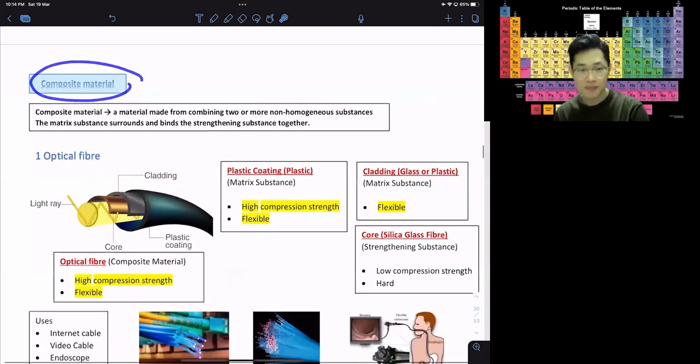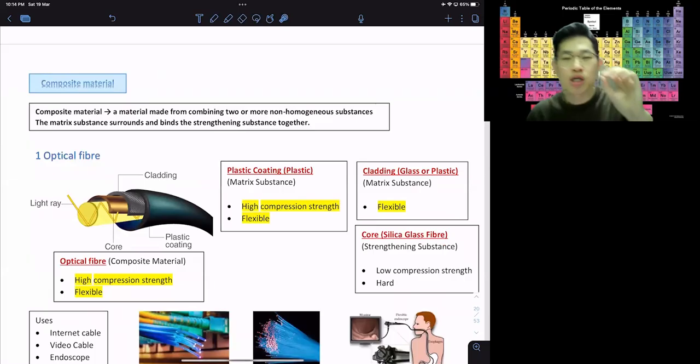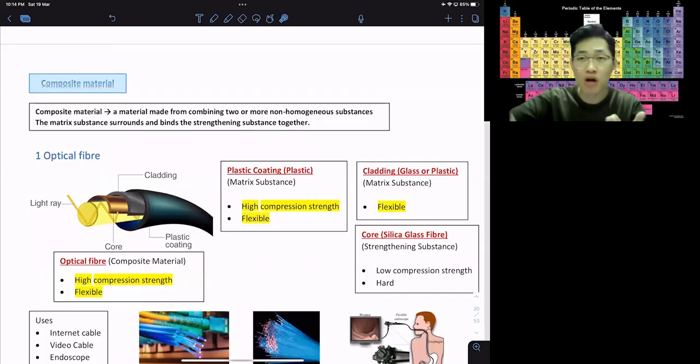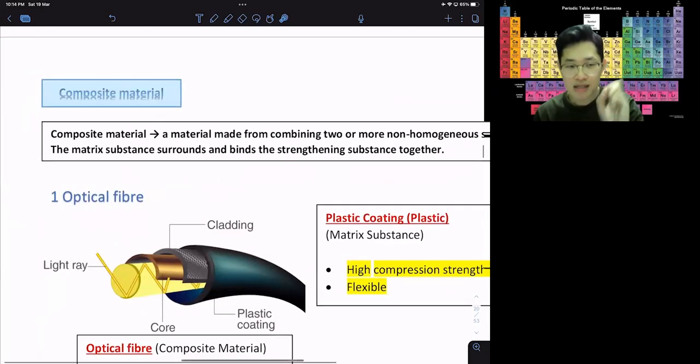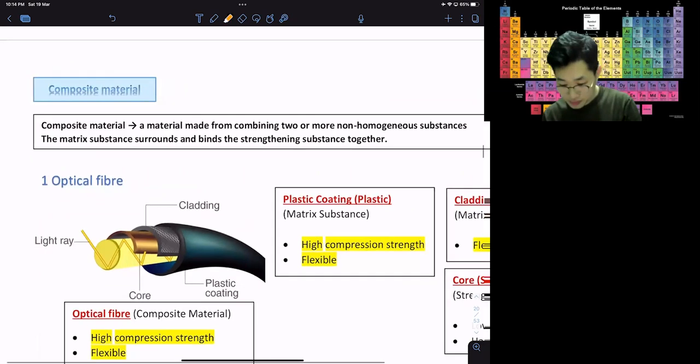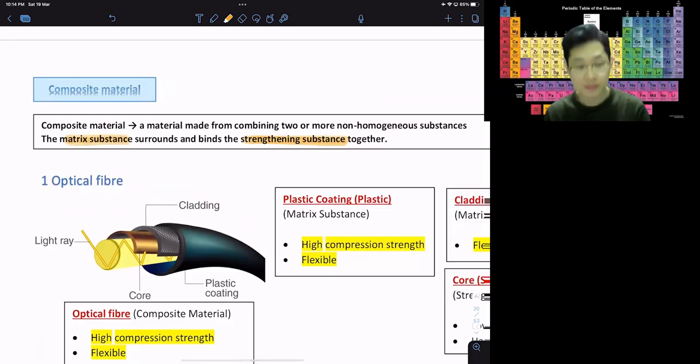Composite material is the combination of, let's say, we learned alloy, we also learned polymer in chapter 4, we got alloy, polymer, we got glass, we got ceramic. We can actually mix different things together to become a composite material. Composite material usually consists of a strengthening substance and also contains a matrix substance.